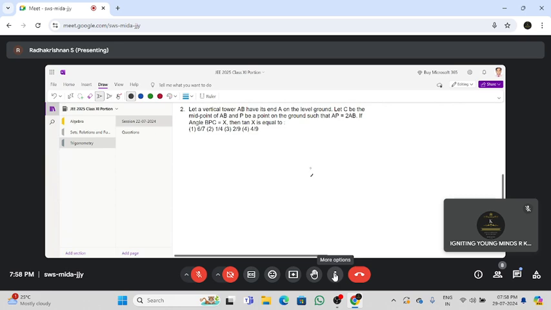Let AB be a vertical tower, with A on the level ground. So this is the ground level. C is the midpoint of AB.